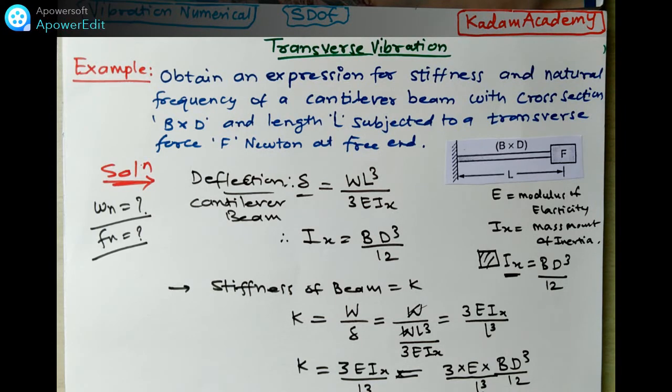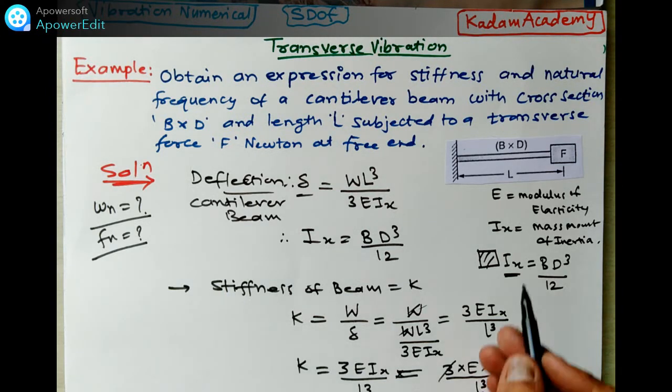So 3 and 12 get cancelled, and K becomes EBD cube over 4L cube. This is the value of K we have got.